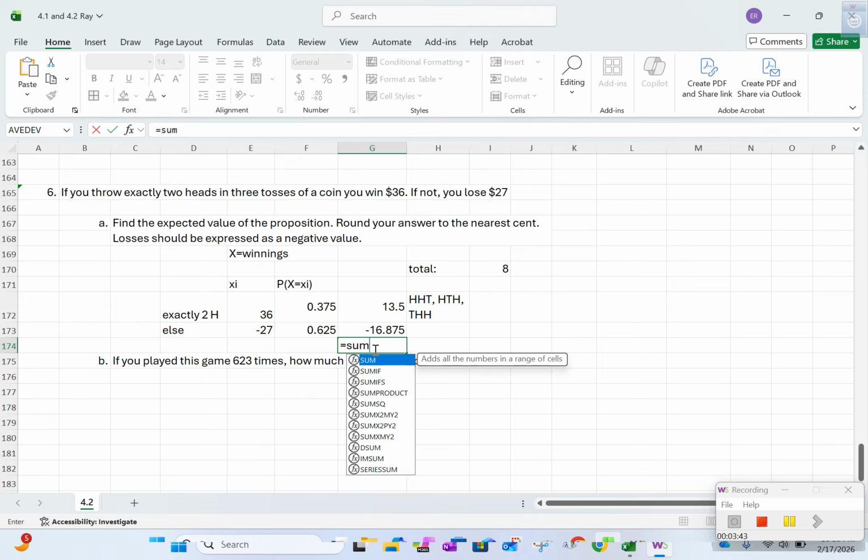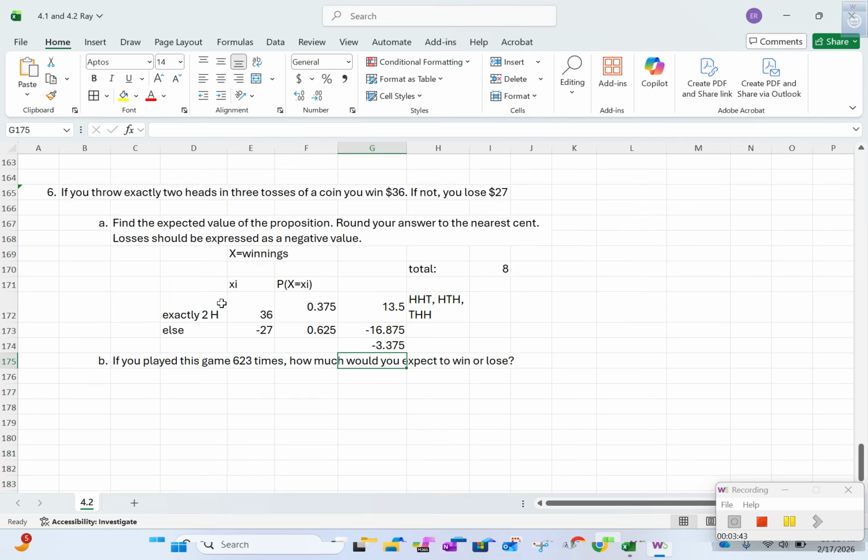Our answer for this one, just like the other expected values, has to be between our possible numbers of negative 27 and 36, and it is. So this one, you're losing money as well, about $3.38. If it says you played this game 623 times, how much would you expect to win or lose? That's literally taking my number and multiplying it by my 623.